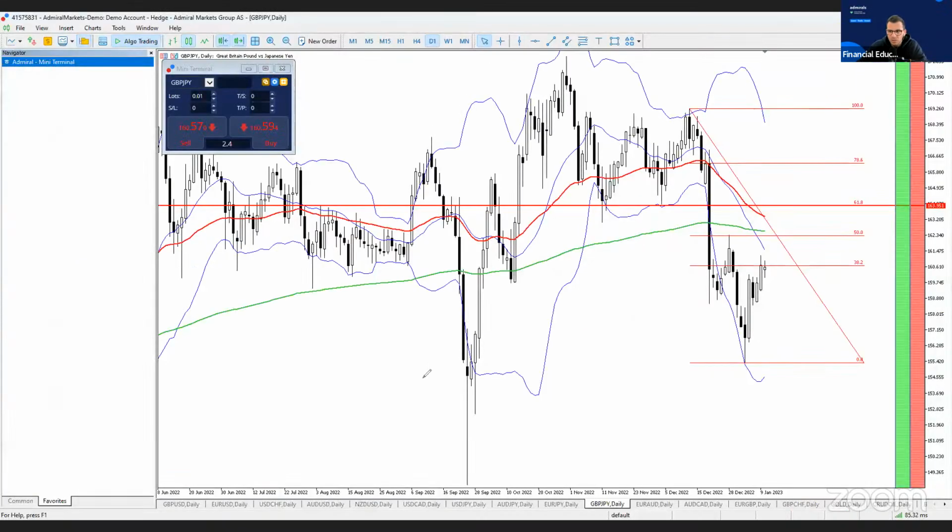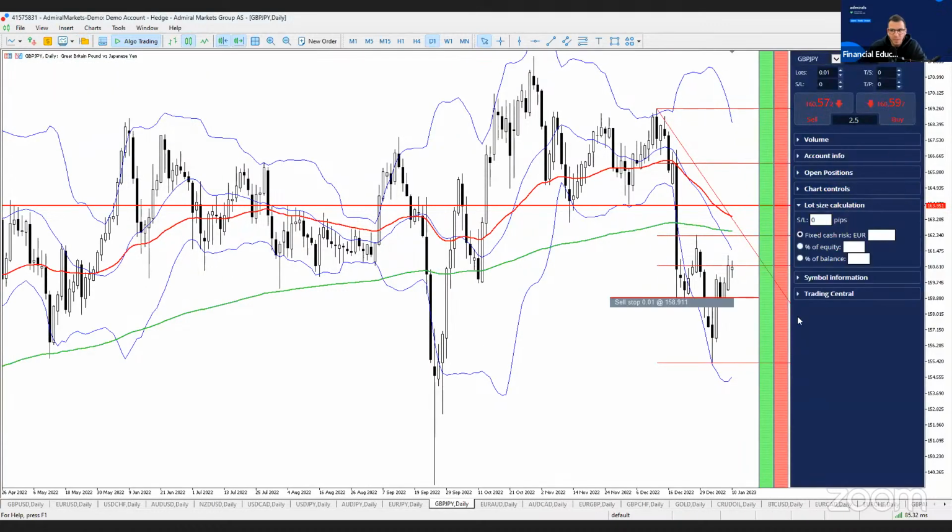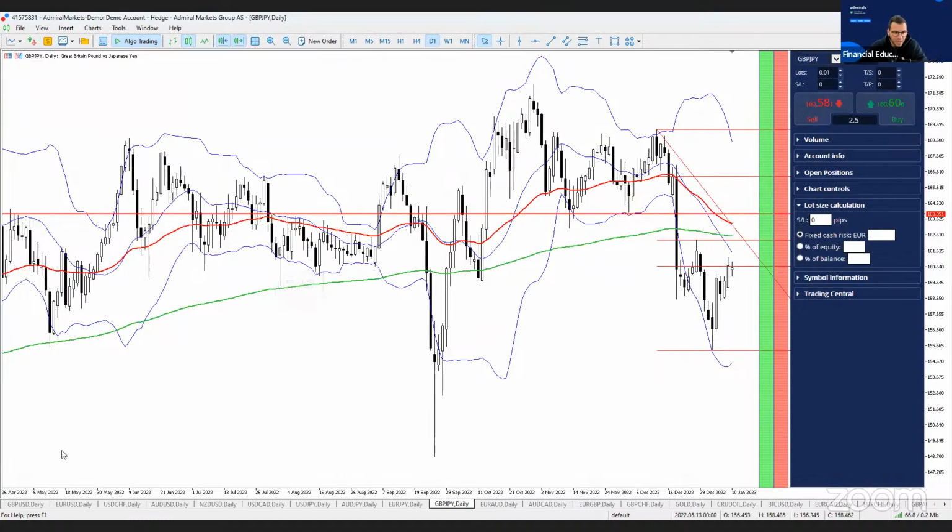So what can you do to find your trading size in all the accounts? You can add the Admirals mini terminal here, and you can simply use this. I think I have an explanation on YouTube of how to use this. In regards to specific leverage calculations, guys, we don't have time to do that because strictly at 9:59, I have to finish this webinar, because at 10 o'clock there is someone else in Poland.